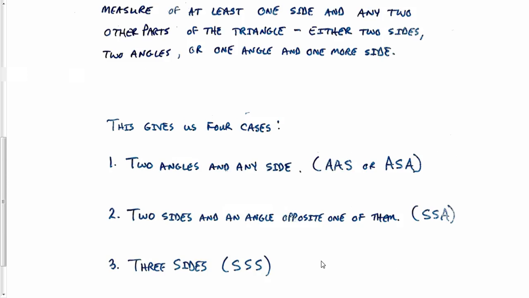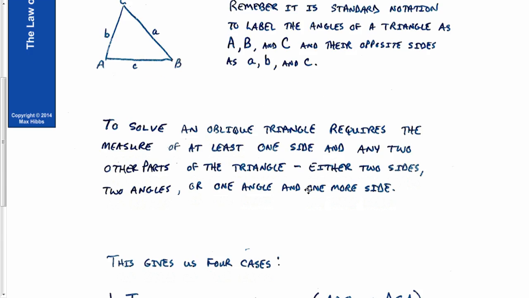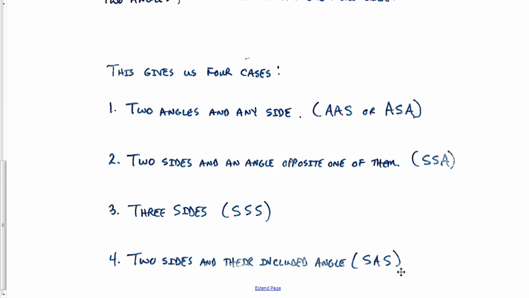Two sides and their included angle, that would mean side, angle, side: two sides and the angle in between them. And notice again, those are all different letters, and that's something that's pretty important overall.